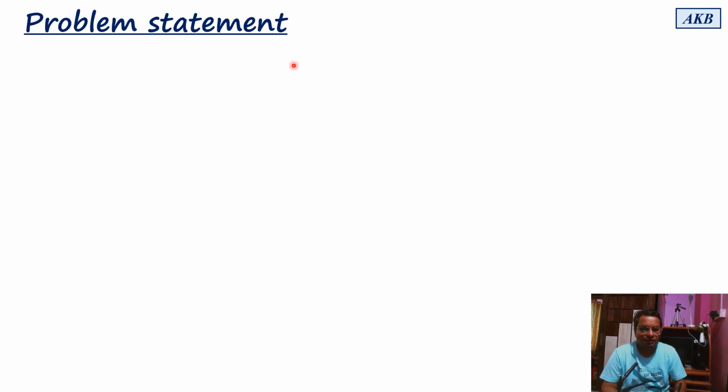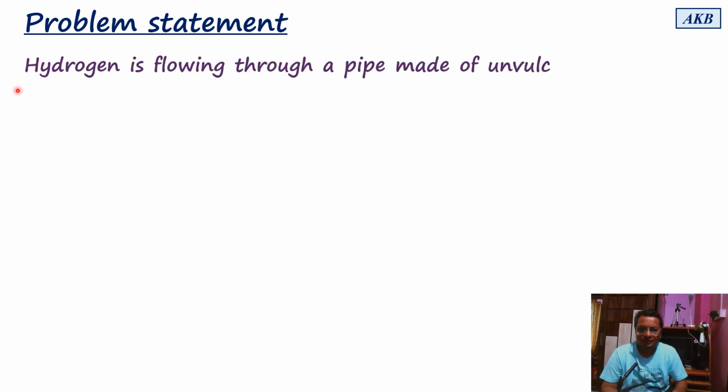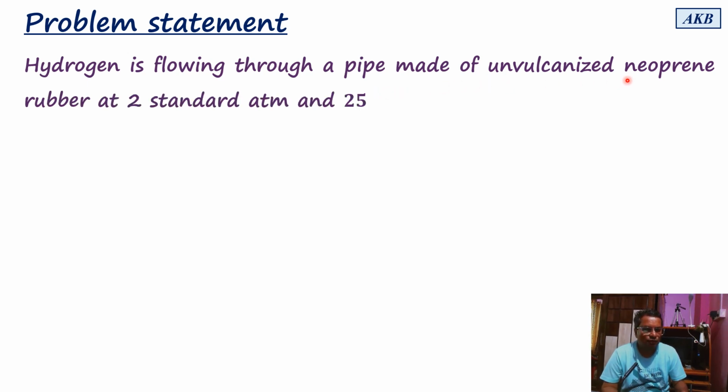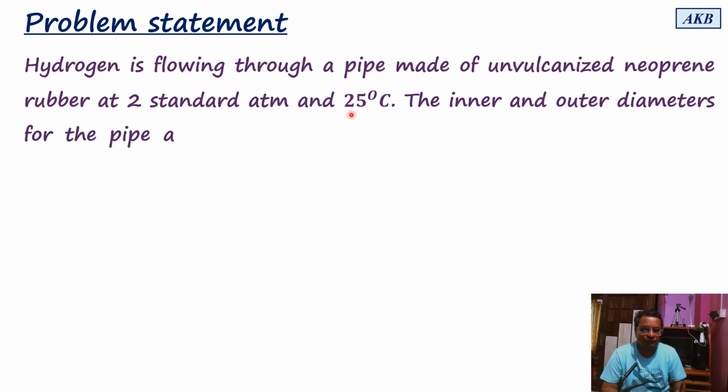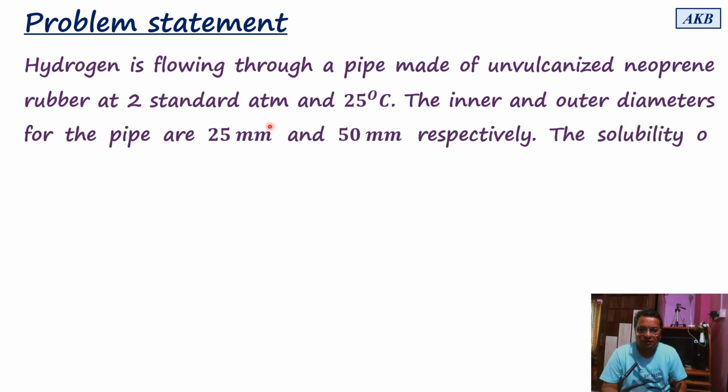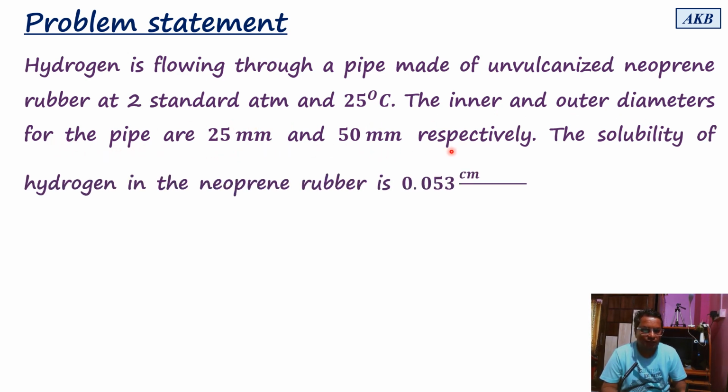The problem statement for this numerical is: hydrogen is flowing through a pipe made of unvulcanized neoprene rubber at 2 standard atmosphere and 25 degrees Celsius. The inner and outer diameters for the pipe are 25 mm and 50 mm respectively.